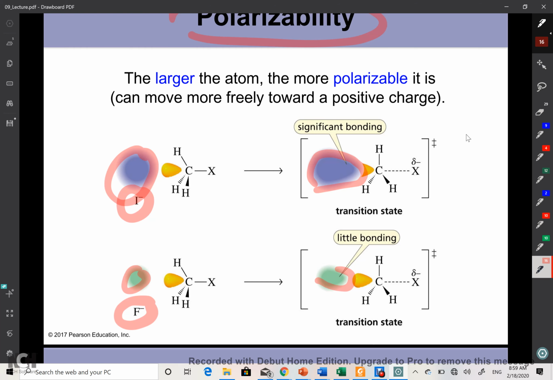It depends on how well that nucleophile is shielded. If you overshield the nucleophile, you don't make it available to react. And so that's where the nature of the solvent comes in.